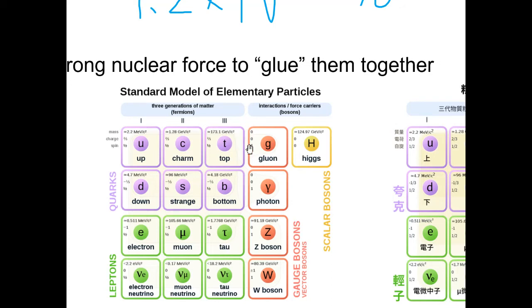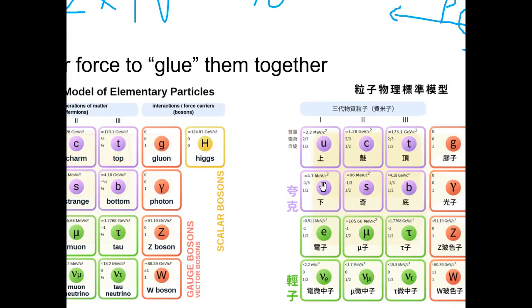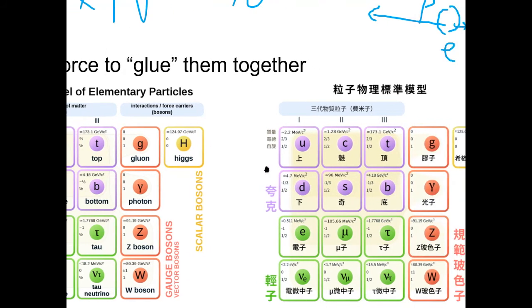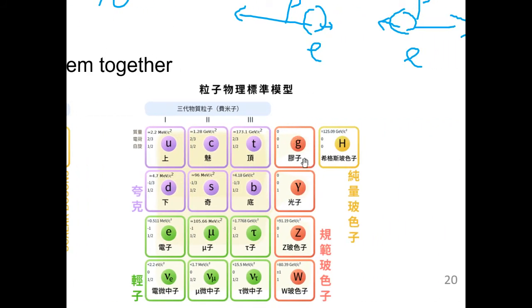So they will tell you that if you further break the proton and neutron, there are smaller and more basic elements that form the universe. And actually, we have something called the gluon, in Cantonese called 膠子.